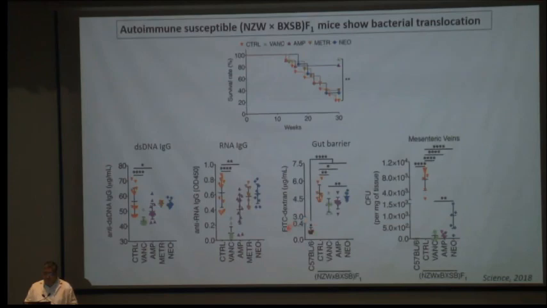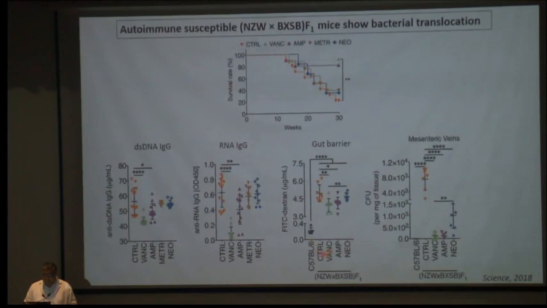And what they did was they used a FITC-labeled dextran solution gavage into the animals, and what they find is that in the control group of animals, another strain, C57 Black 6, which showed a strong gut barrier and a poor translocation of this labeled compound.